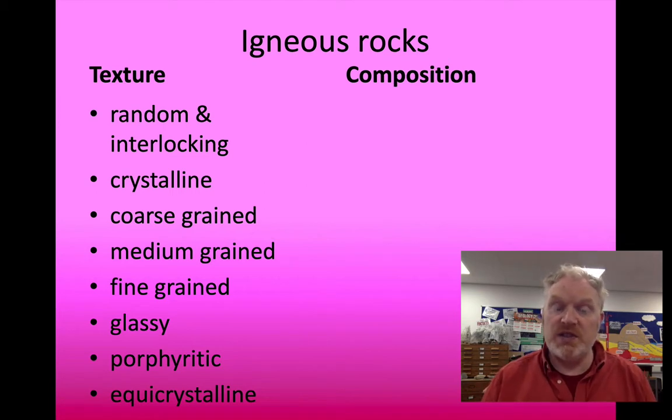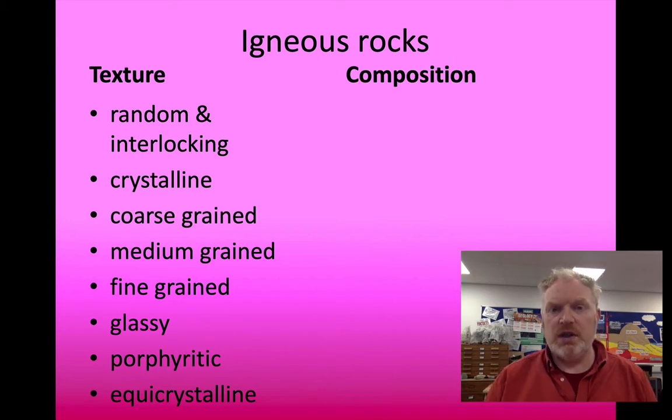Fine-grained is where we can see crystals, but those crystals are smaller than 1 millimetre. And finally, glassy is where we can't see any crystals at all. They're too fine-grained. So the rock looks like a lump of black glass.